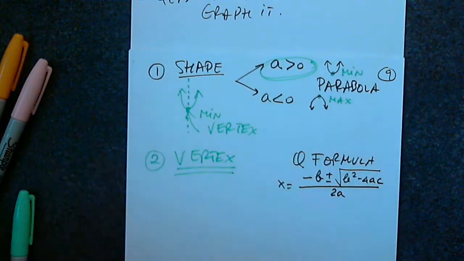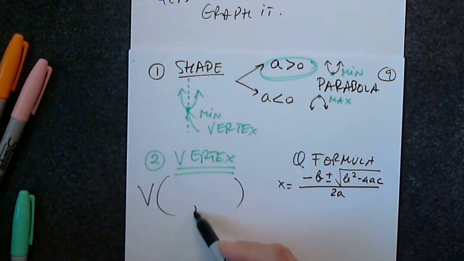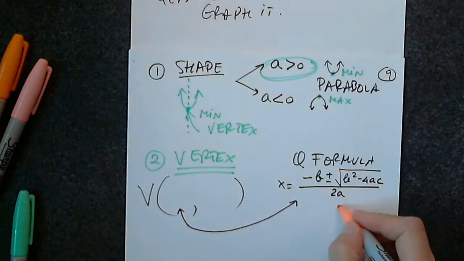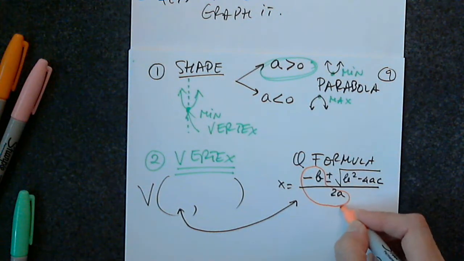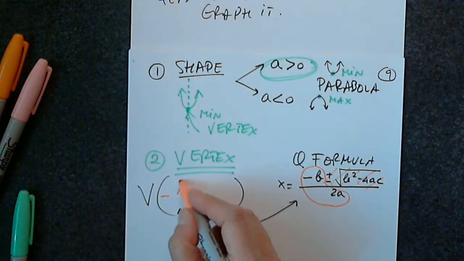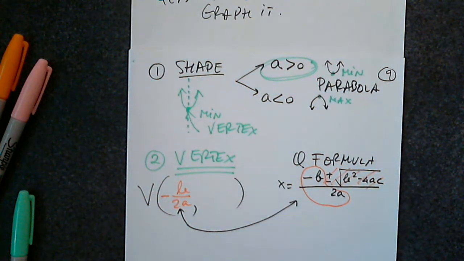Awesome. The vertex has two coordinates, right? It's a point. The x coordinate of the vertex, I'm hoping that if you connect it to the quadratic formula, you will always remember. It's this. Just this piece. So it's negative b over 2a. I like connecting things because maybe you can remember them together.